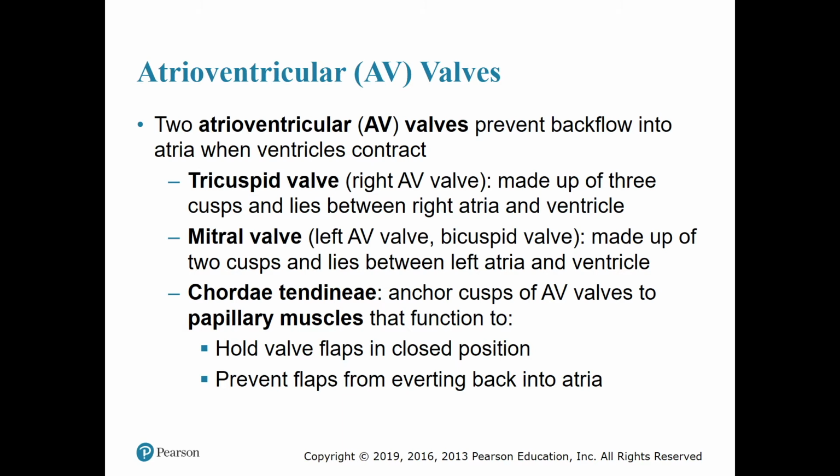The mitral valve, the left atrioventricular valve, is a bicuspid valve made up of two cusps and lies between the left atrium and ventricle. Chordae tendineae anchor the cusps of the atrioventricular valves to the papillary muscles that function to hold the valve flaps in a closed position and prevent the flaps from everting back into the atria.